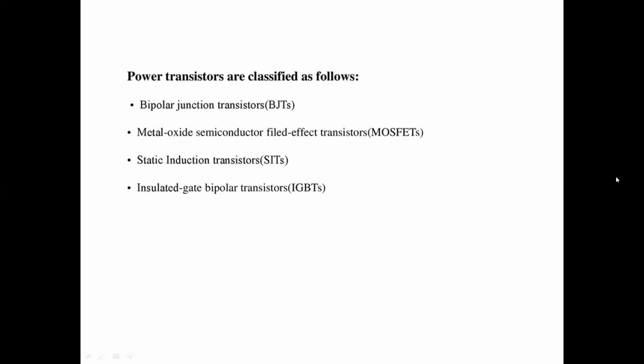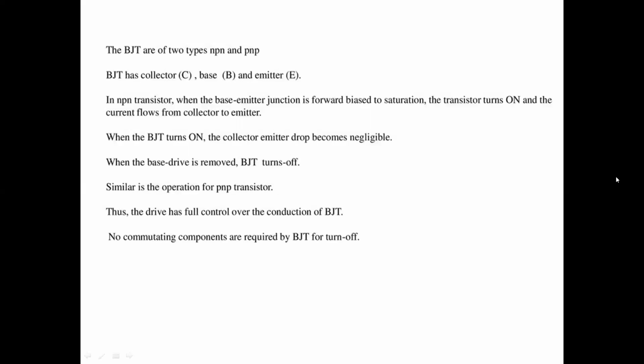Power transistors are classified as: one is BJT, bipolar junction transistor; another one is MOSFET, metal oxide semiconductor field effect transistor; SIT, static induction transistor; and last one is insulated gate bipolar transistor. MOSFET and IGBT we have learned previously. In this lecture, we will be learning about BJT, bipolar junction transistor.